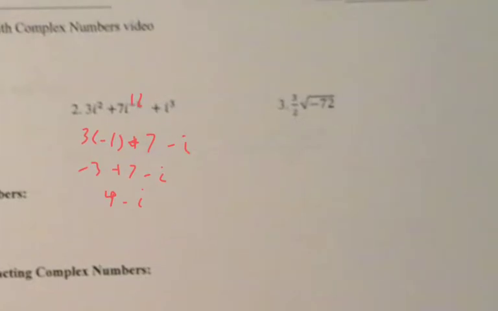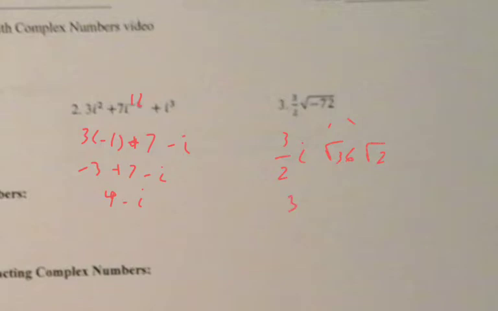Alright, number 3. We got our 3 halves here. Just carry that down. We have our negative under the radical, so let's bring our i out. And now we just need to simplify rad 72, which becomes rad 36, rad 2.